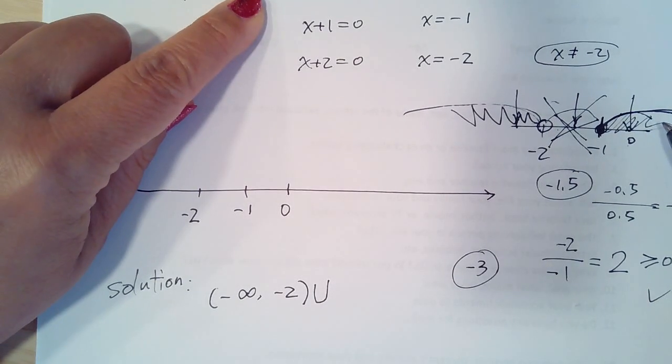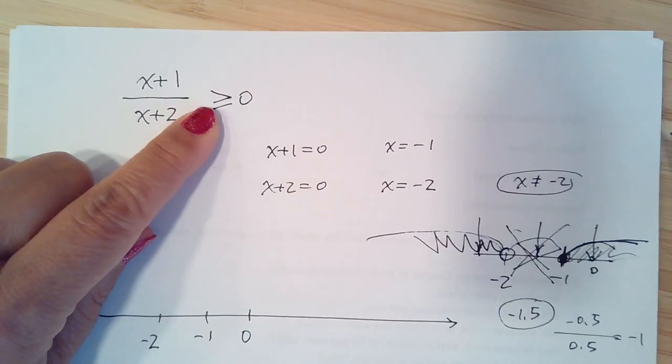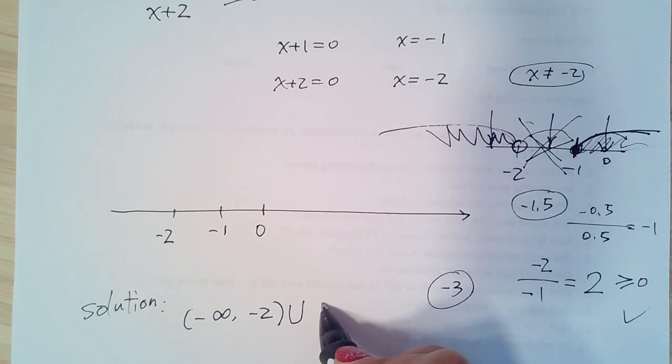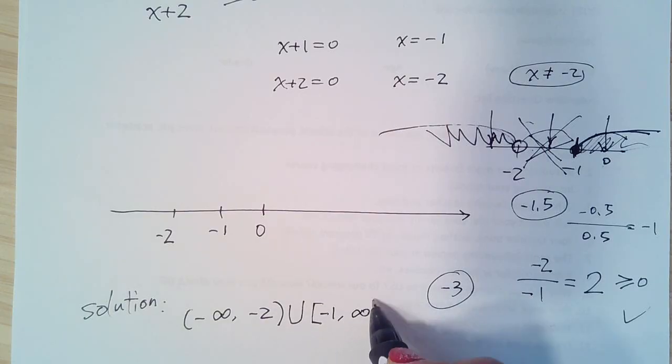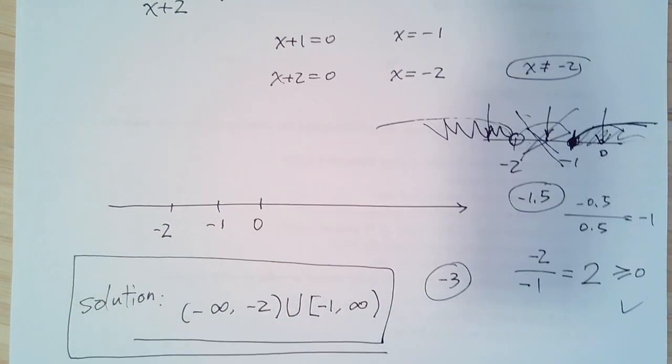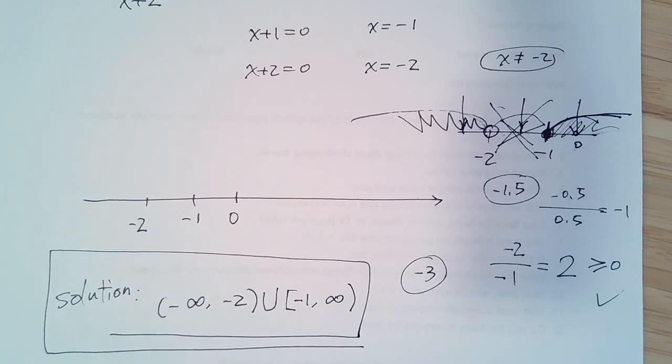And here is equal, right? So negative 1 is okay. And so that would be a bracket from negative 1 to infinity. This is pretty hard because there's so many things that you have to consider. Isn't it interesting? I think it's interesting.